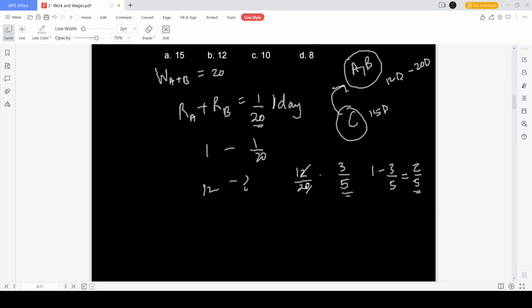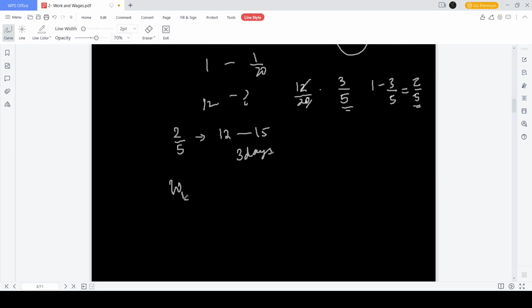Okay. Now this 2/5 of the work is done from day 12 to day 15, that is in 3 days. Okay, so A, B and C took 3 days to finish 2/5 of the work. Okay, we need to find out the rate again for this. So in 3 days they finished 2 by 5 of the work.